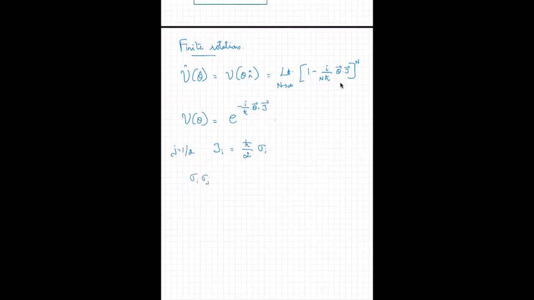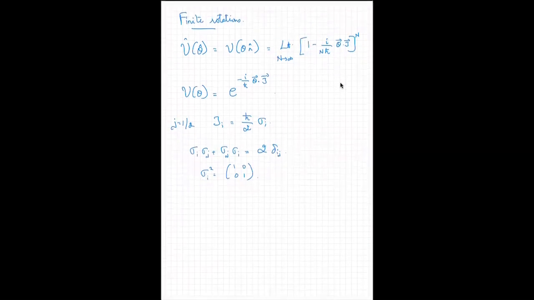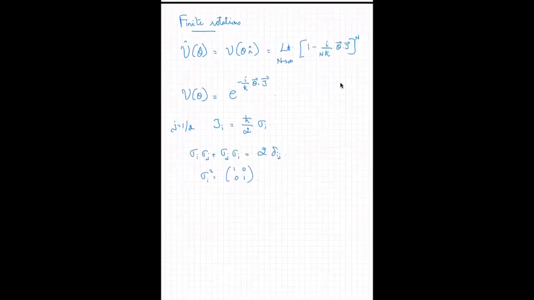Sigma_i sigma_j plus sigma_j sigma_i, the symmetric combination of such a product, is equal to 0 if i is not equal to j, and is equal to 2 if i equals j. Okay, this also told you that sigma_i squared is just the unit matrix, 1, 0, 0, 1. Okay, so on and so forth. So we can use these properties of sigma to actually evaluate this U of theta in a closed form for a finite rotation just for the J equal to 1/2 case. So let us evaluate this explicitly.